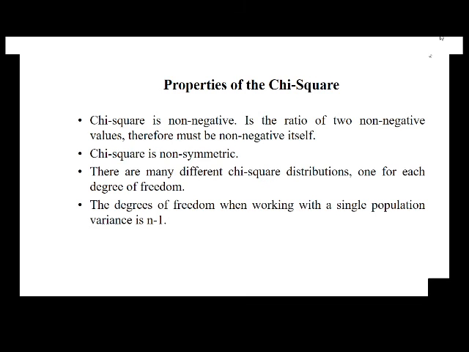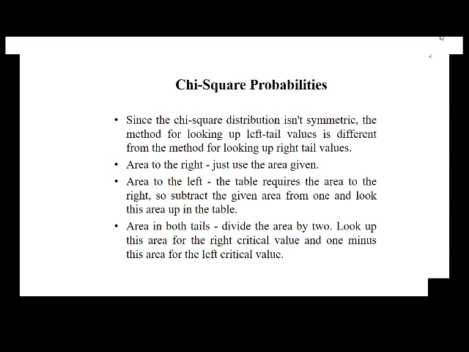Therefore, since the chi-square distribution is not symmetric, the methods for looking up left-tail values are different from the methods for looking up right-tail values. For the area to the right, just use the areas given. For areas to the left, the table requires the areas on the right, so subtract the given area from 1 and look this area up in the table.